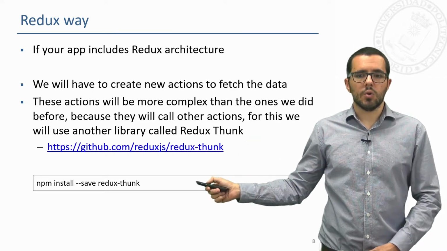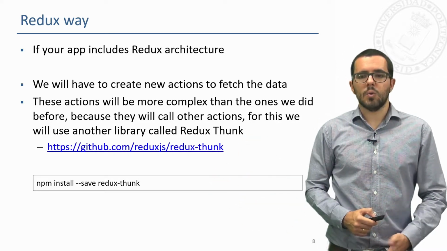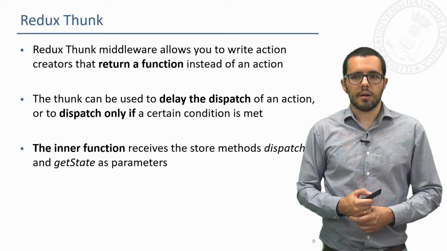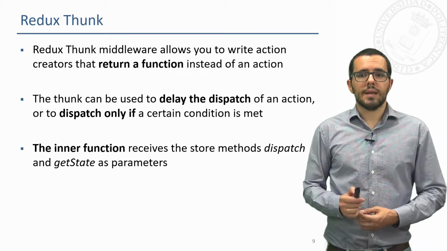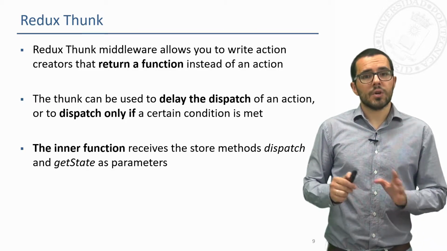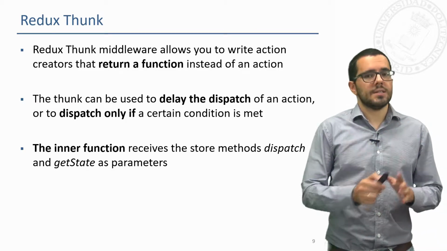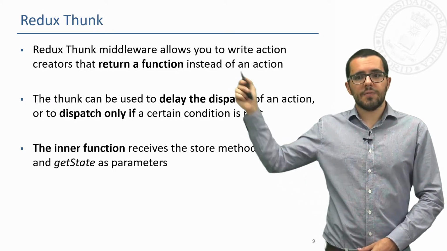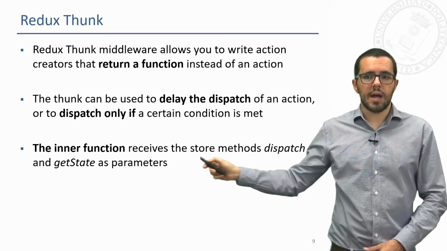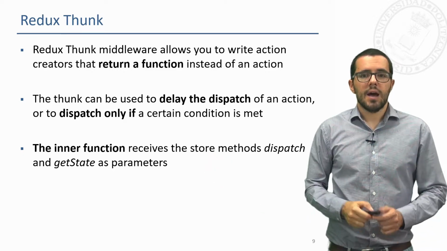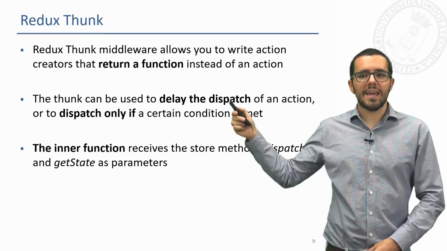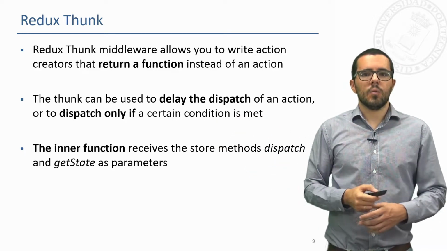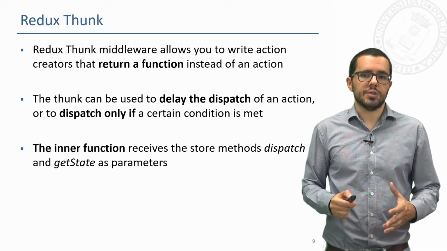It is very easy to install, just npm as always, and just three considerations about Redux Thunk. It's a middleware that allows action creators, instead of returning just a plain JavaScript object, to return a function. This function will receive dispatch and getState as parameters, and we will be able to delay the dispatch or to dispatch only if we have certain conditions.